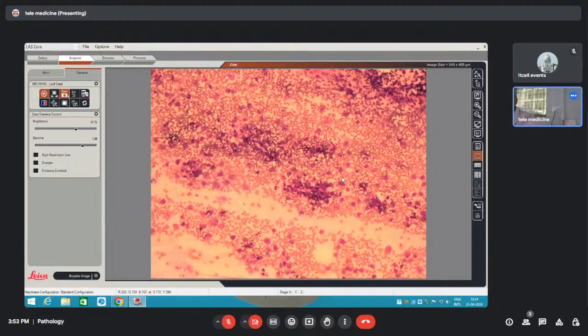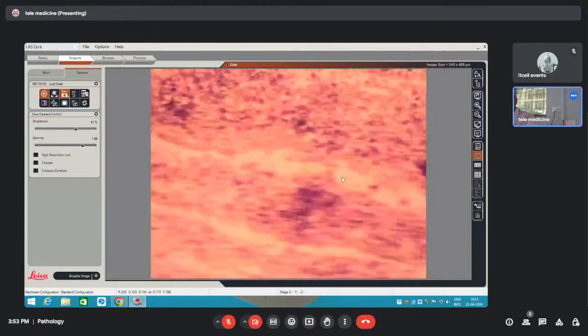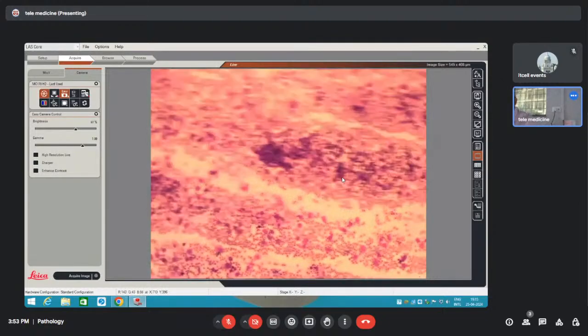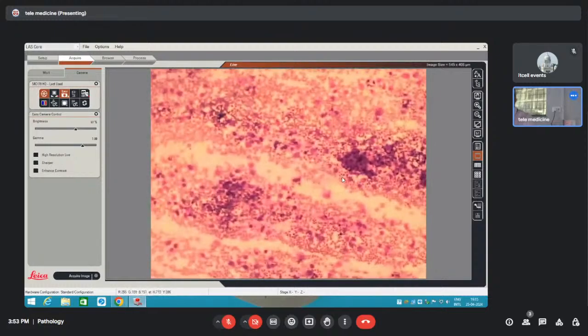Okay. So it was going as ALL. Now see this here. See this area? See this area. What do you see? Anyone?